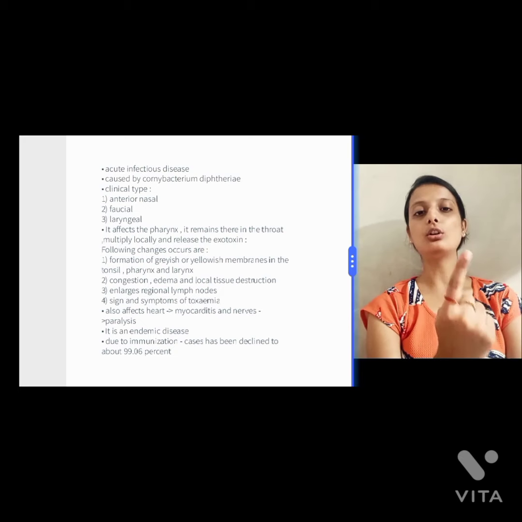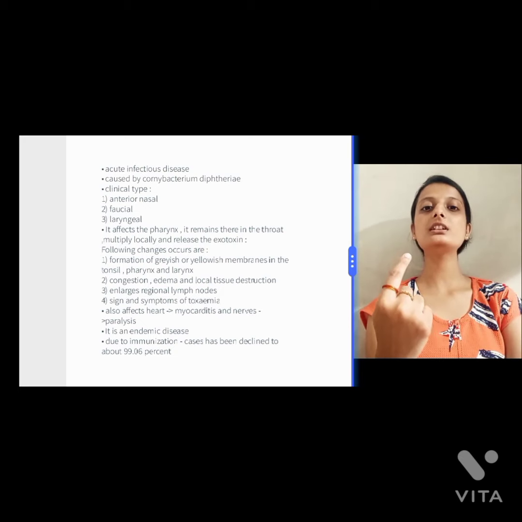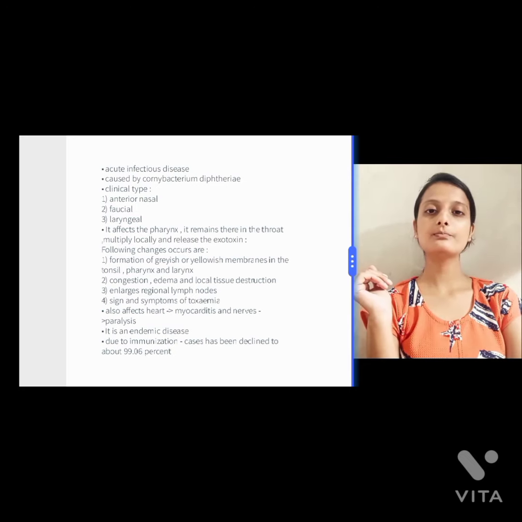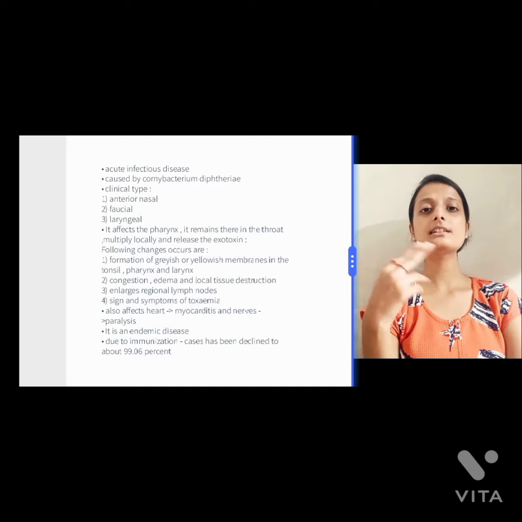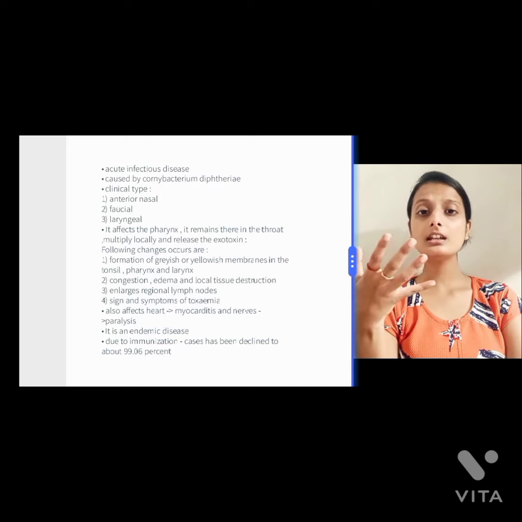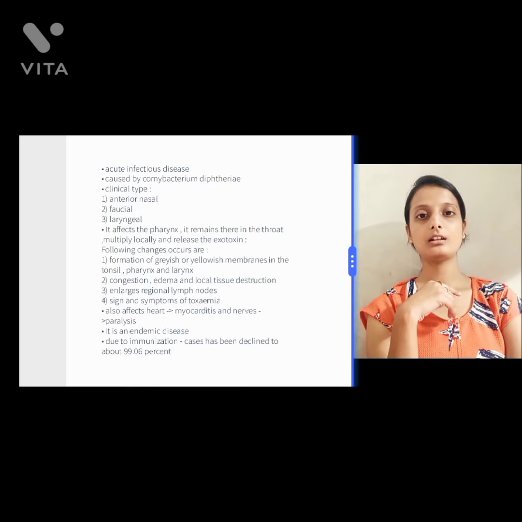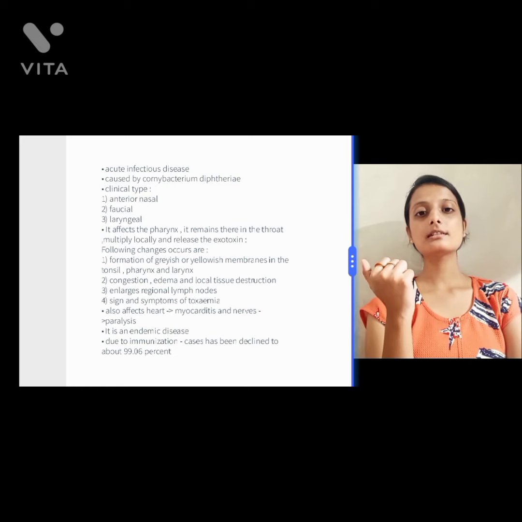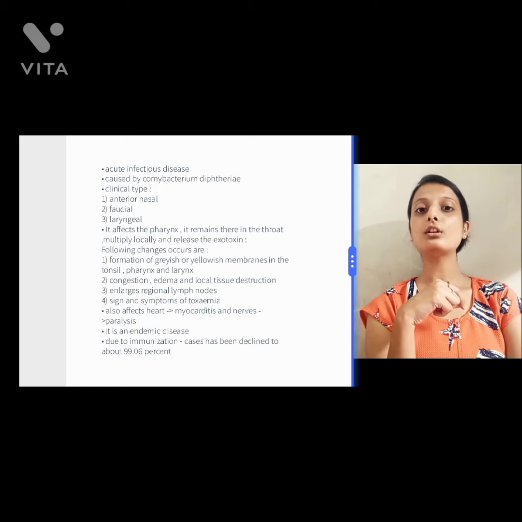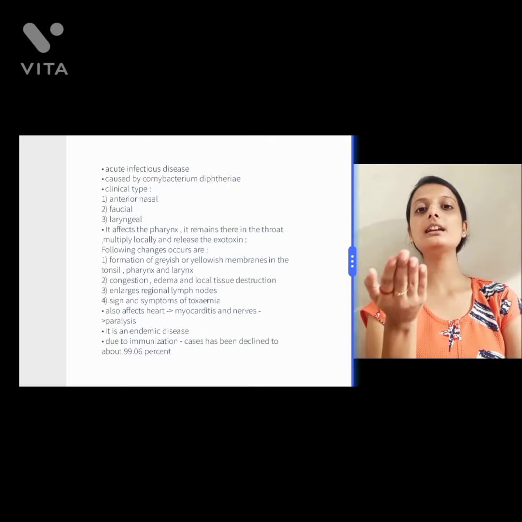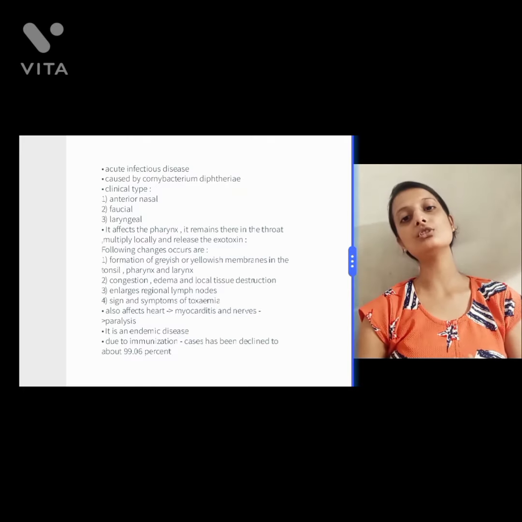First, the formation of a grayish or yellowish membrane over the tonsils, pharynx and larynx. Second, it causes congestion, edema and local tissue destruction. Third, it involves the lymph nodes, resulting in enlargement of the regional lymph nodes.